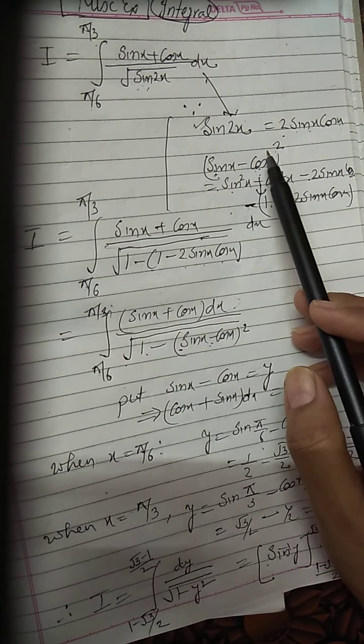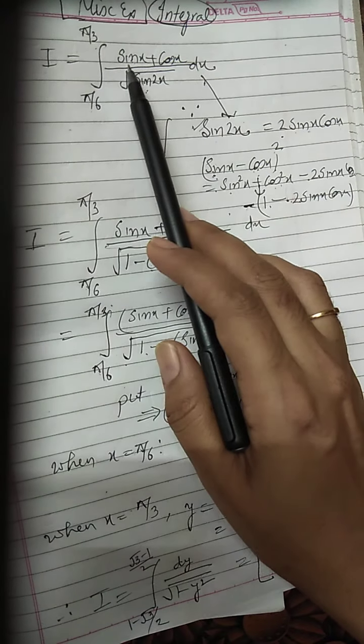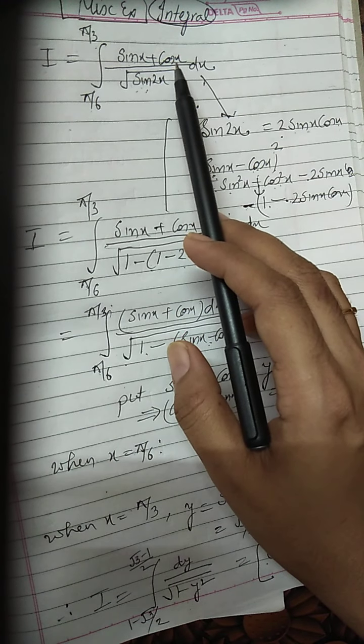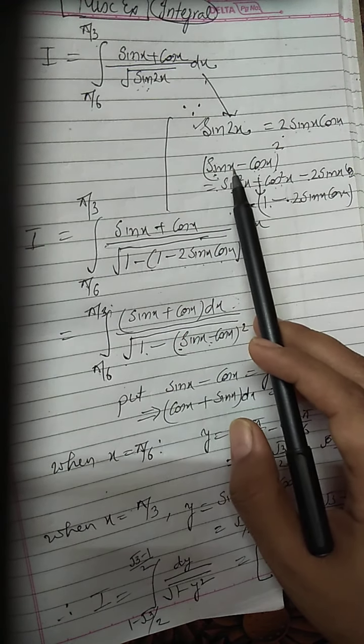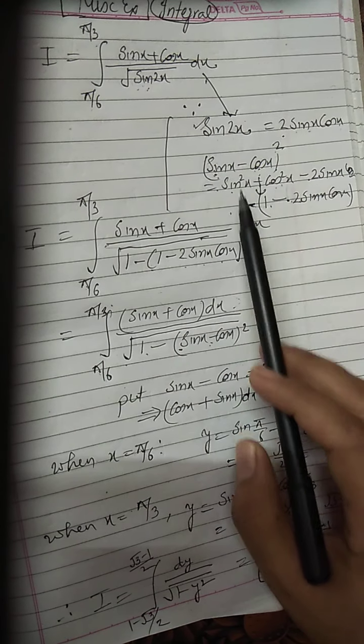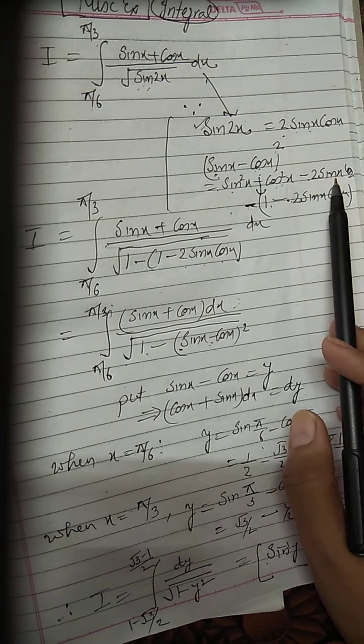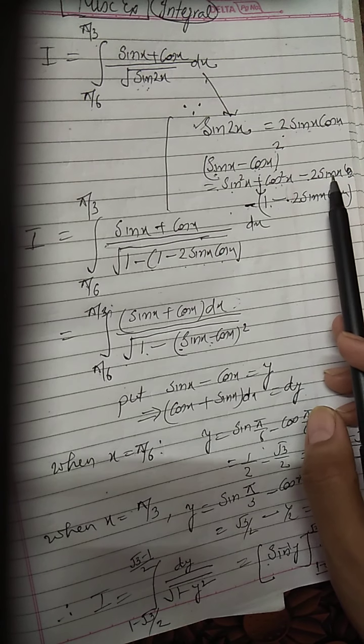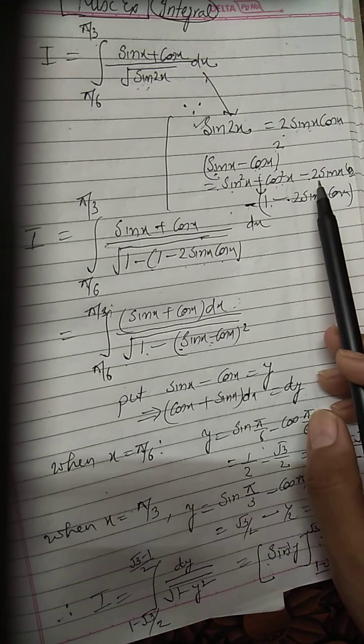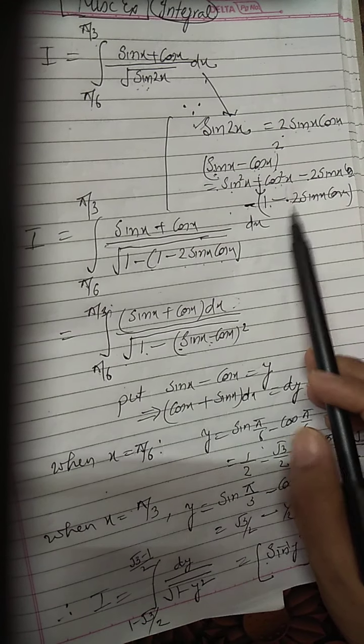I am not taking sin x plus cos x because I need sin x plus cos x as the derivative. So I will put sin x minus cos x square, and then I will get sin square x plus cos square x minus 2 sin x cos x, and minus sign we can easily adjust. So this is what we have done.